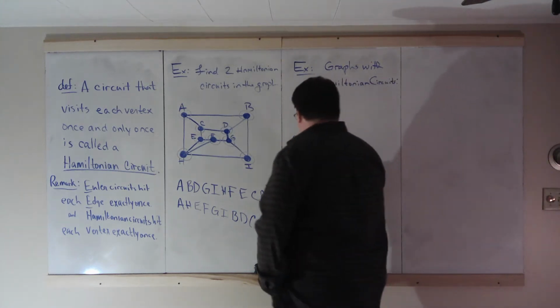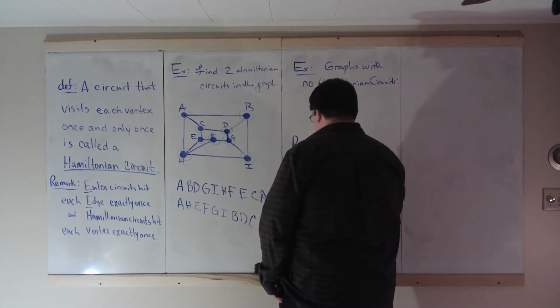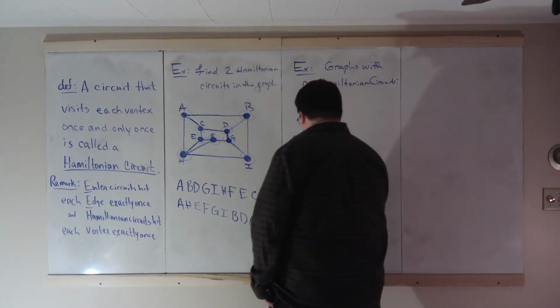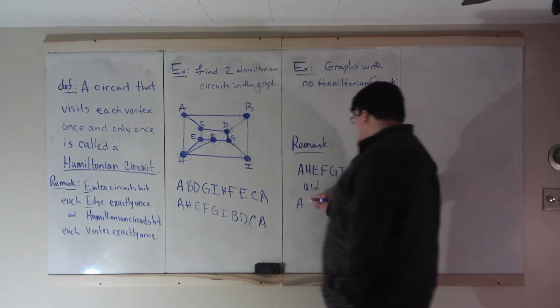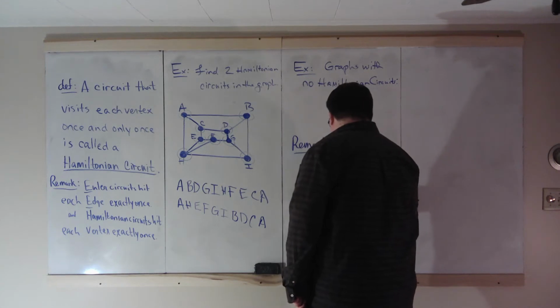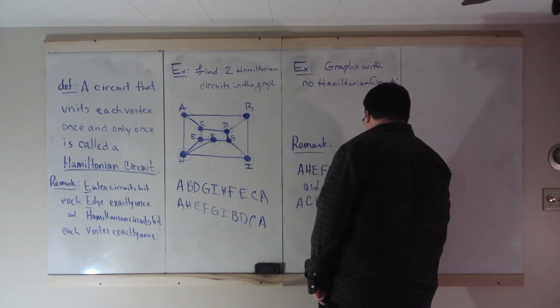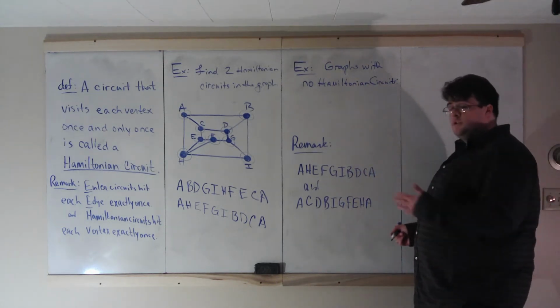So I'll just write A, H, E, F, G, I, B, D, C, A, and instead of following that, I'm just going to write this backwards: A, C, D, B, I, G, F, E, H, A. These are going to be considered the same circuit, because one is just the other in reverse.